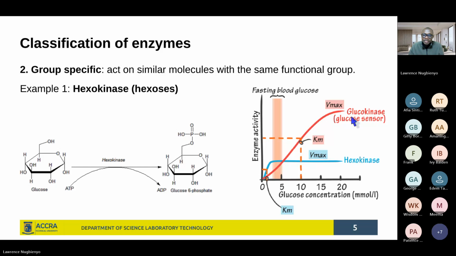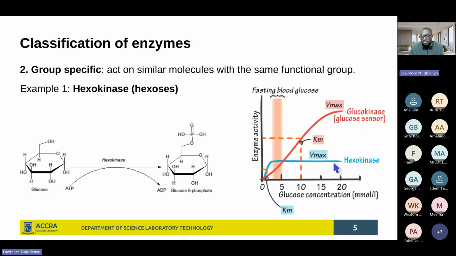But hexokinase is constant, it's always acting, and it will be acting much more in times of fasting. So for instance, when you are sleeping at night and you are not eating, hexokinase will be acting in all cells, particularly in the brain cells as you are sleeping, so that there will still be generation of energy to the tissues and the cells as you are sleeping.